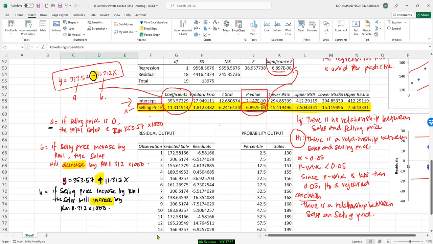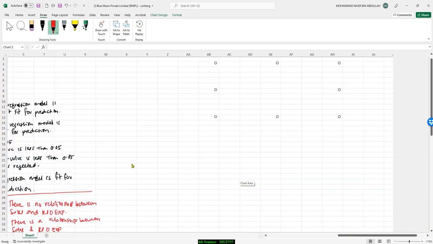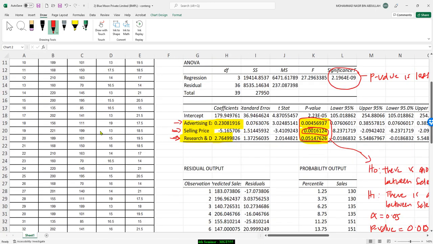So now, before we end, I lupa nak tunjuk the equation dekat sini. So dekat sini equation dia apa? It should be y equal to 179.95 for advertising expenditure plus, because it's a positive value, 0.2308 x1. This is going to be x1, x2, x3.